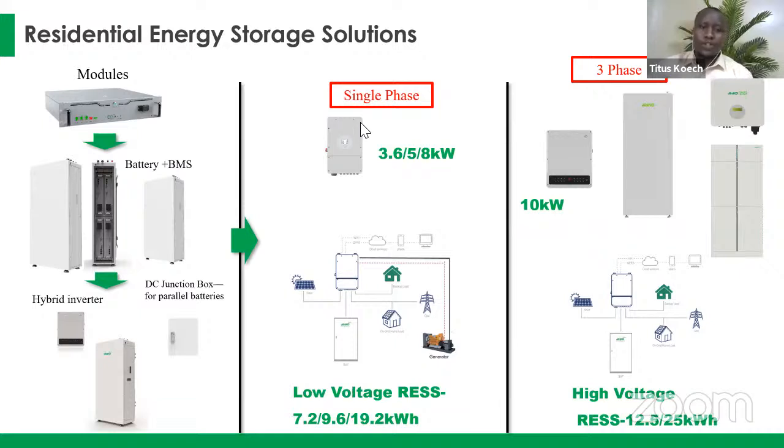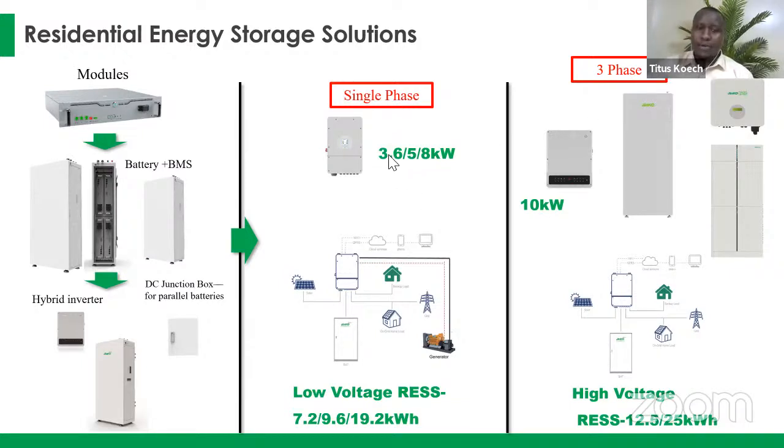For the residential solutions, these are the solutions that we are offering. You can always get specification sheets from us. You can see we have the batteries in battery cabinets, and also the hybrid inverters. That means the systems that we offer can work in both off-grid and on-grid applications. For residential energy storage, we have single-phase and also three-phase solutions, depending on the requirements.